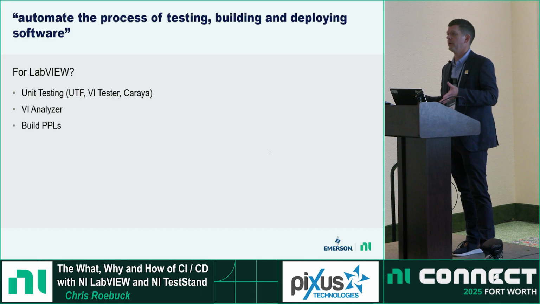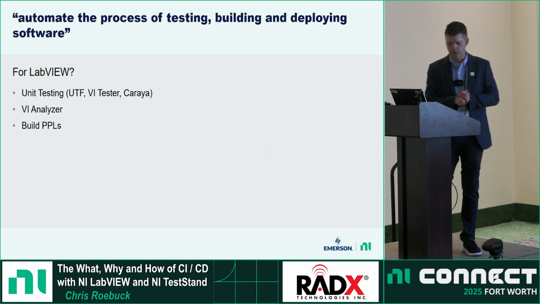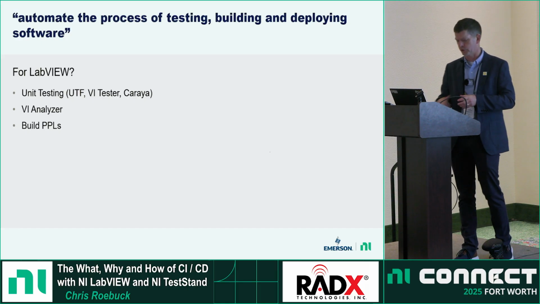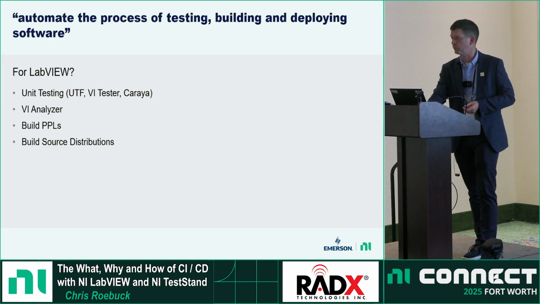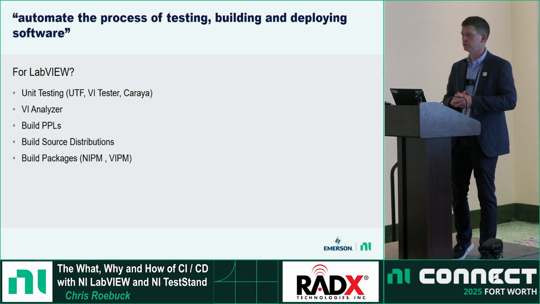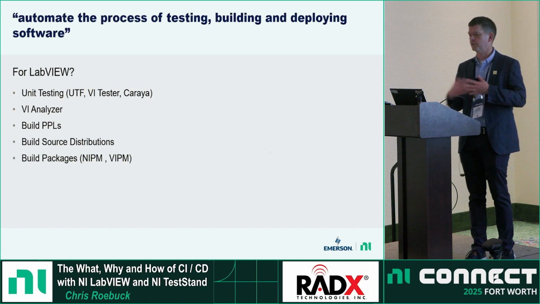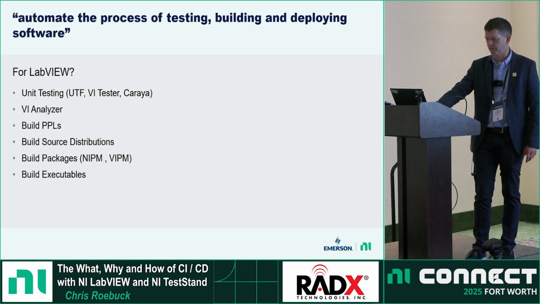Maybe we're building PPLs. Maybe we've gone against Darren's advice and we've decided that we do want compiled libraries that we can reuse on different projects. So we're maybe building PPLs, source distributions if we're using TestStand. There's a bunch of stuff that we might be doing as part of this automated process, building some packages, building some executables.